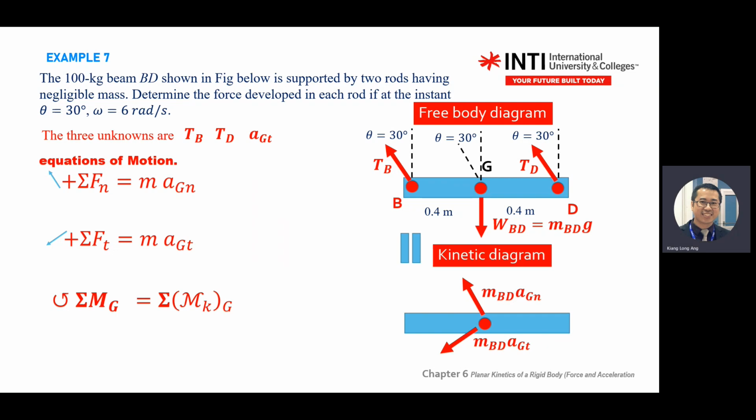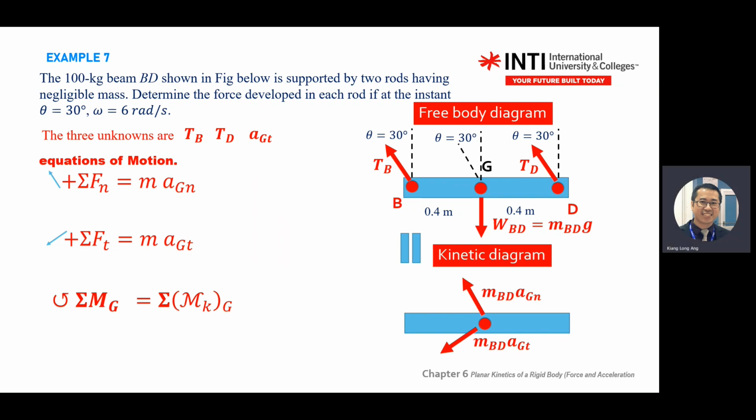Even if you flip this one to the x-axis, the d is still zero. Same with this one. There's no force there. That's why I keep mentioning, be careful on the force you put. Don't draw carelessly, then you will trick yourself: oh, there's a force, there's a moment there.